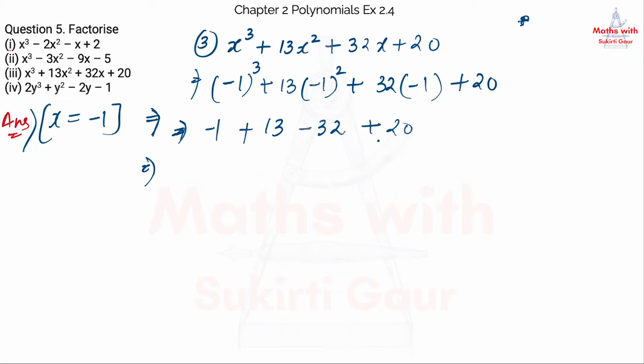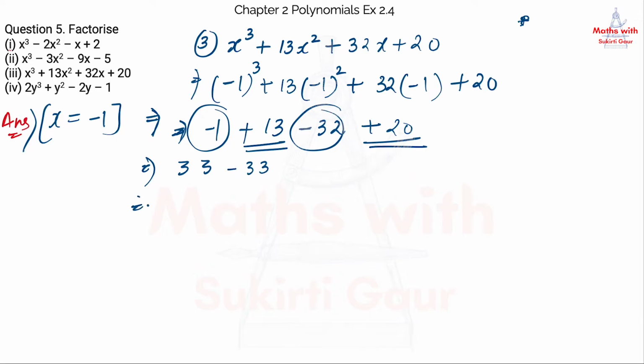Now I can see this +13 and +20, according to board maths, we'll be getting 33, and -1 minus 32 is going to give us -33. So you see, carrying on with the logic is always going to help you. Here we are getting 0. So x equals -1 is the value at which we are getting 0.